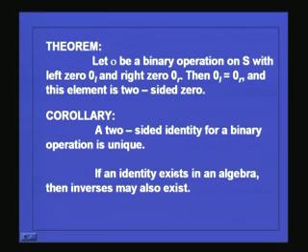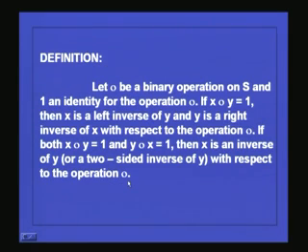If an identity exists in an algebra, then you may also have inverses of elements in that. Consider a binary operation on a set S and consider an identity element for the operation.